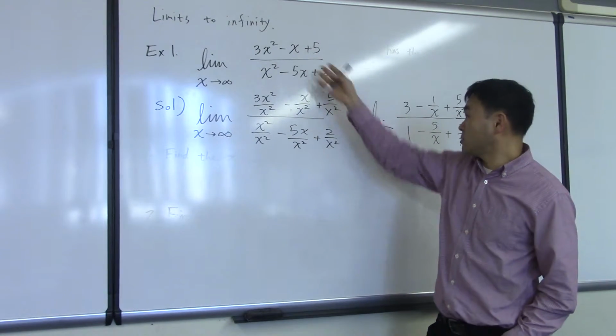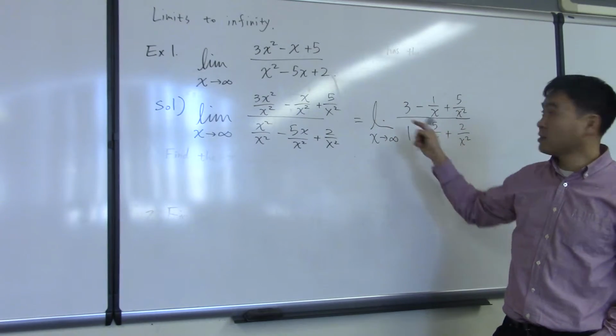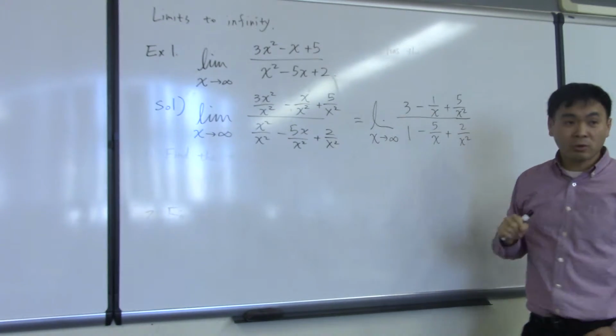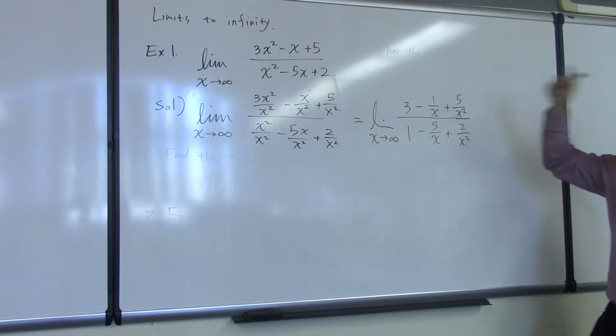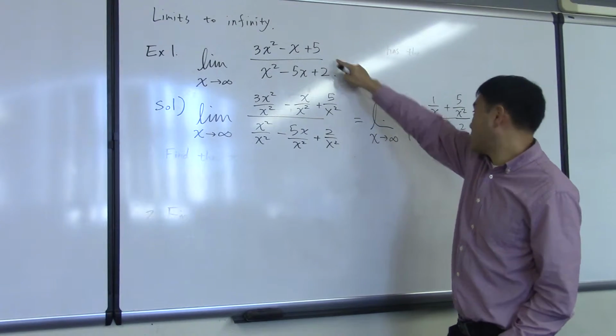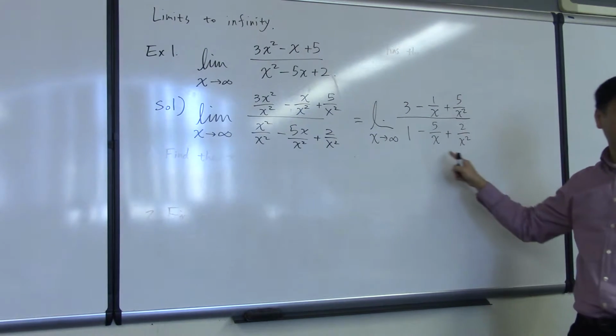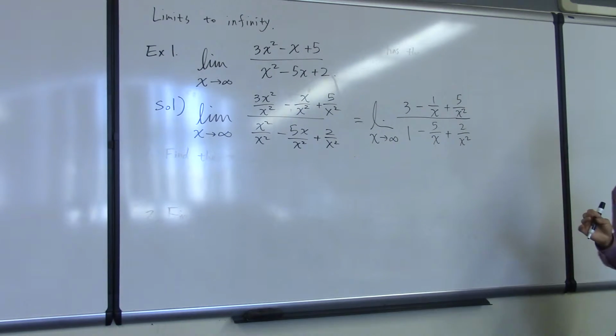And again, since all I did was simplify, these two will be exactly the same functions. For example, if I evaluate this for x equals 1,000,000, that will be the same as evaluating this function for x equals 1,000,000. There's no difference between the two.